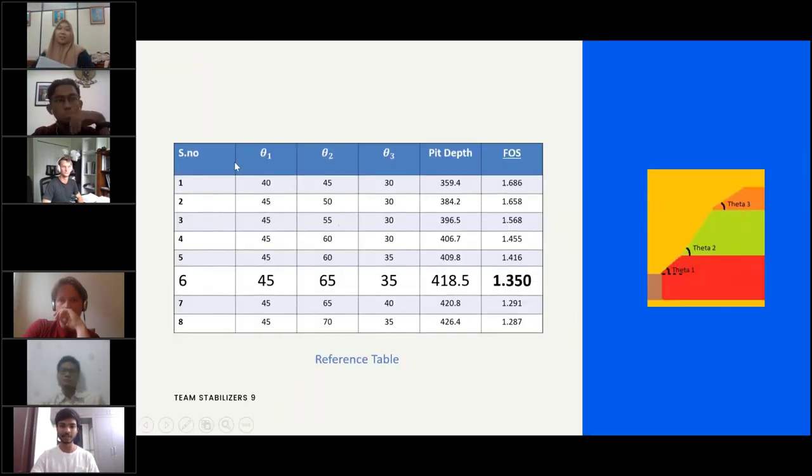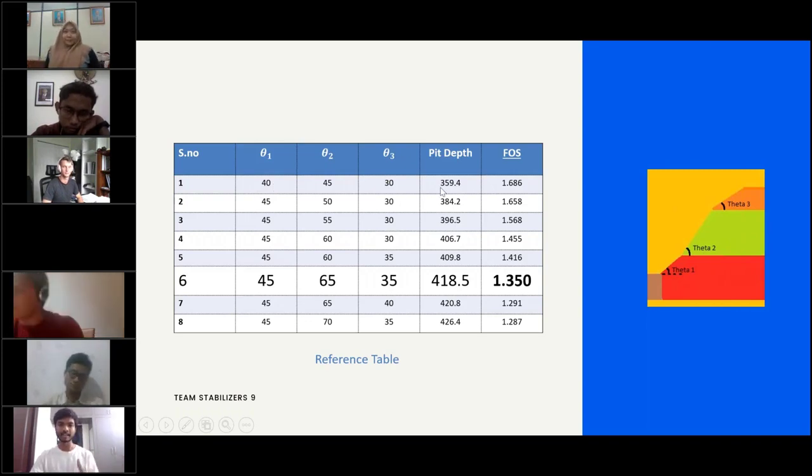This was the table that we found out, starting with the friction angles that were given and the pit depth according to the financial analysis calculation. We got the FOS this. After incrementing 5 degrees and 10 degrees every time, this was the table that we got, and we chose serial number 6 of the reference table to move forward. This theta 1, theta 2, and theta 3 are correspondingly the angles of the slopes.